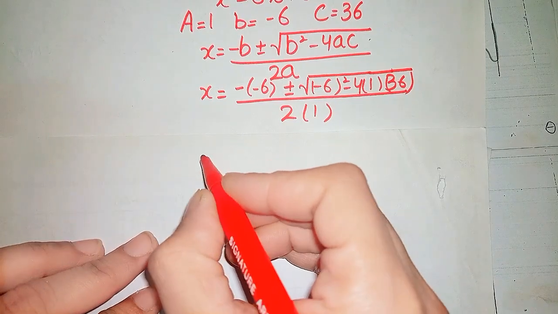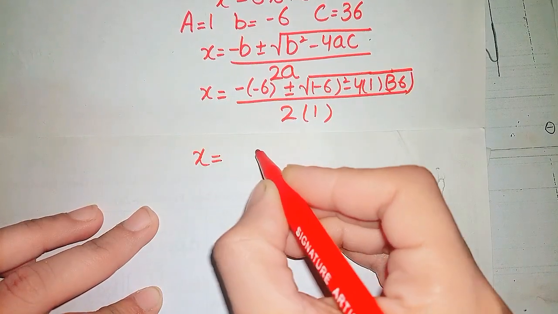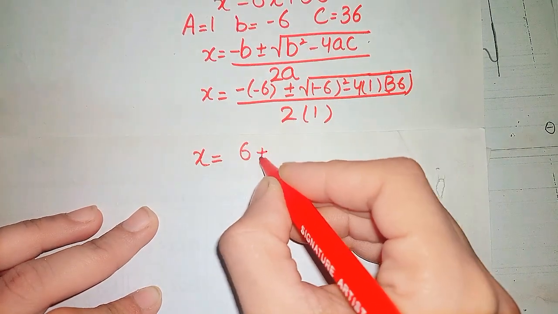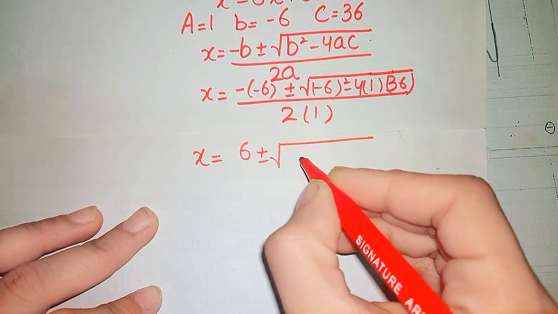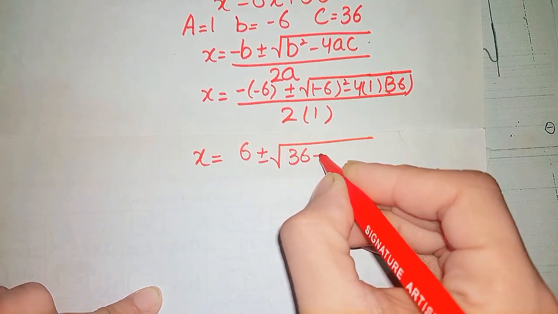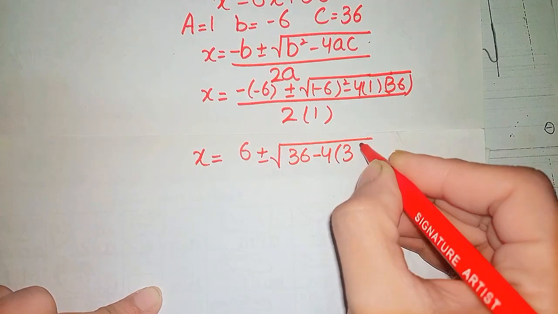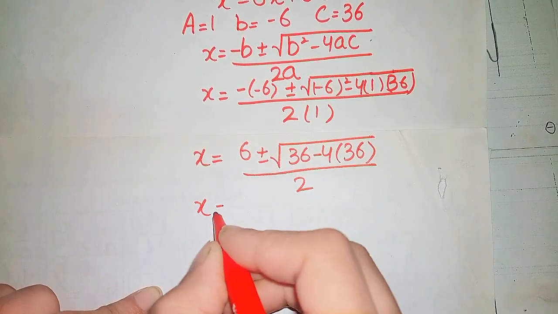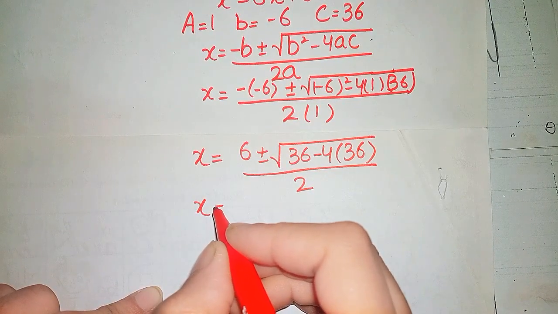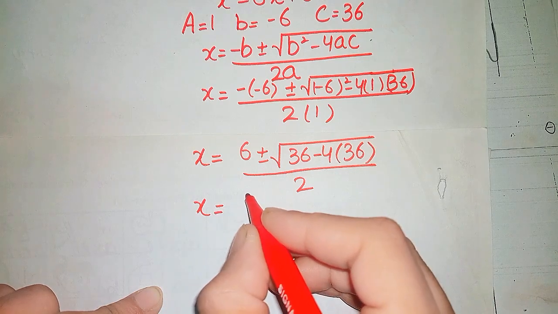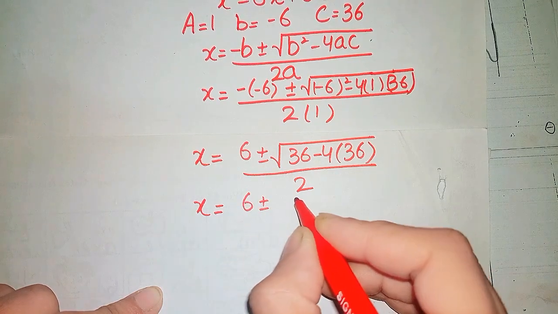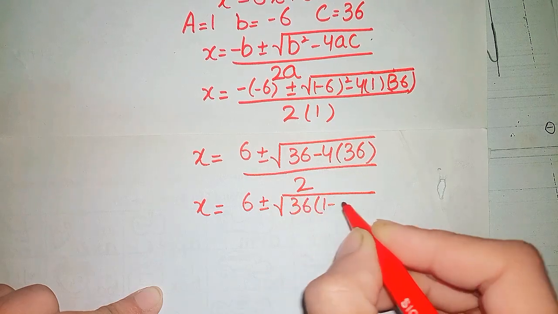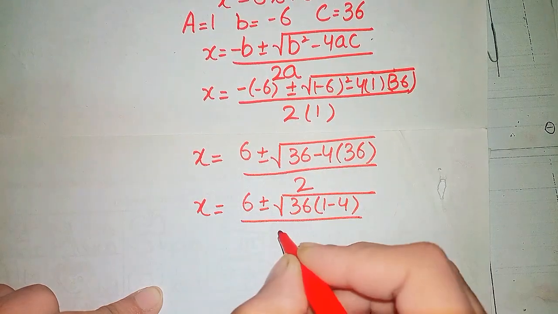Now we solve this as x equals 6 plus minus square root of 36 minus 4 into 36 over 2. We can see that in the square root 36 is common, so we can write it as 6 into plus minus square root of 36 into (1 minus 4) over 2.